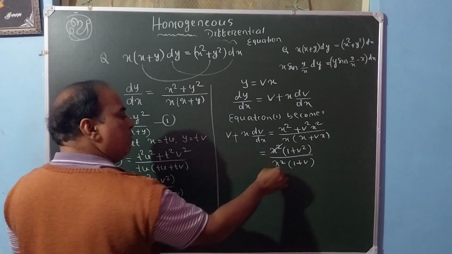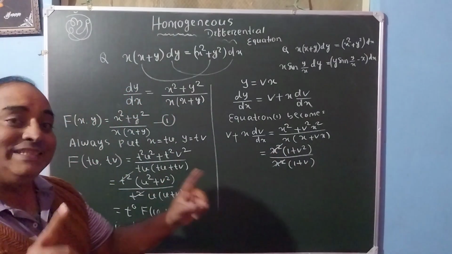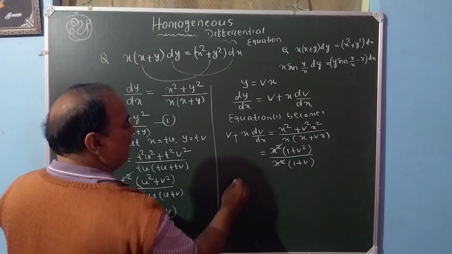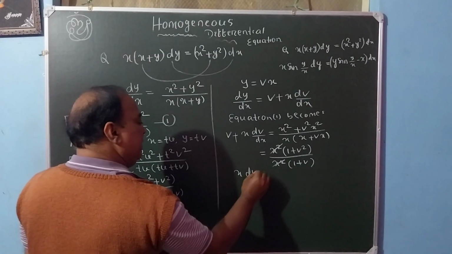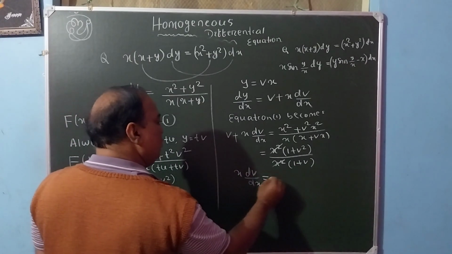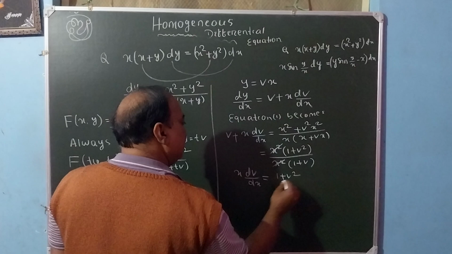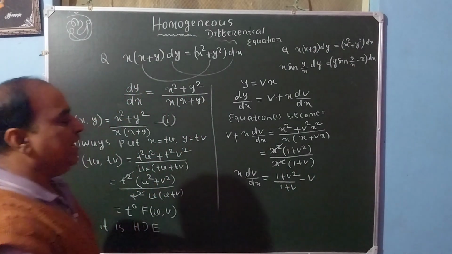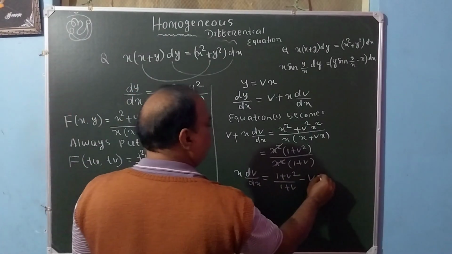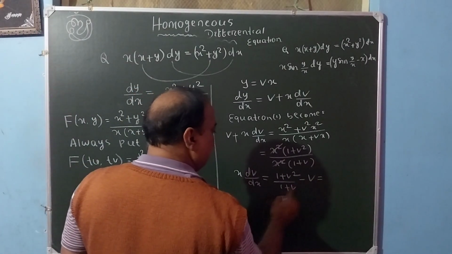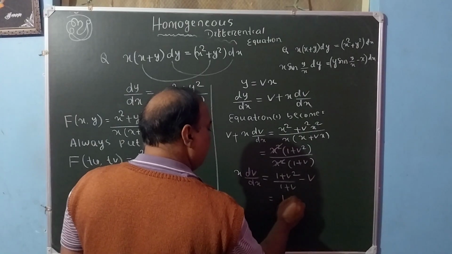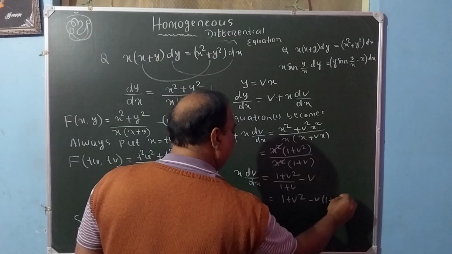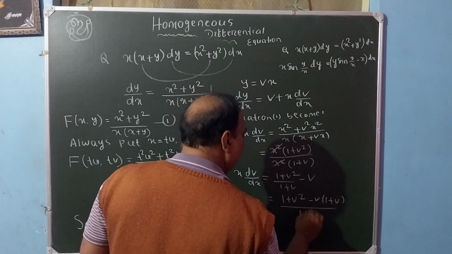So x square in numerator and denominator cancel each other. Here v will come to this side. So we get x dv by dx is equal to (1 plus v square) divided by (1 plus v), minus v. Now you have to take the LCM. We get (1 plus v square minus v into (1 plus v)) divided by (1 plus v).